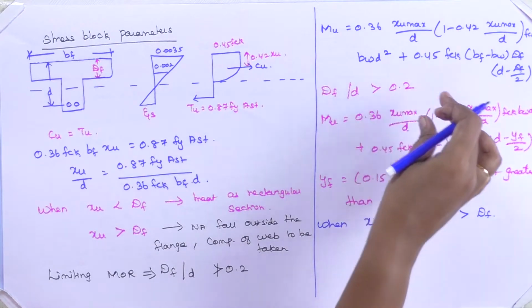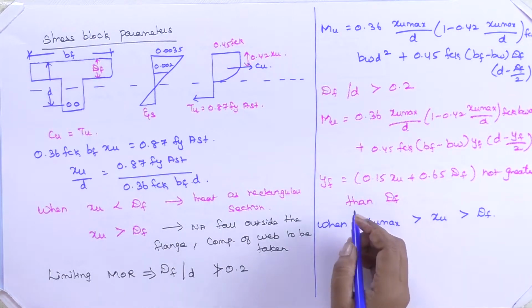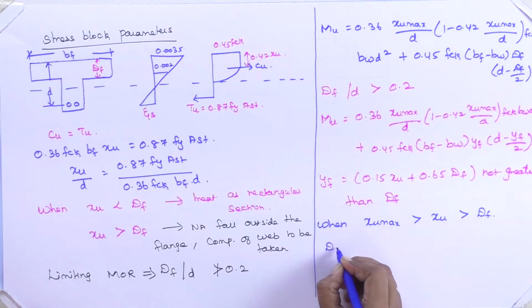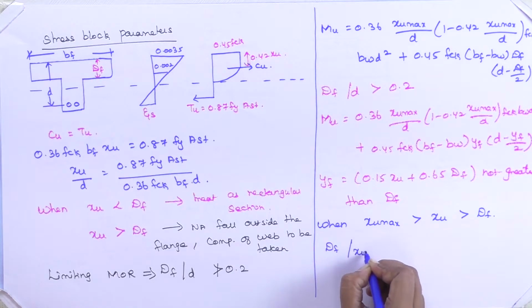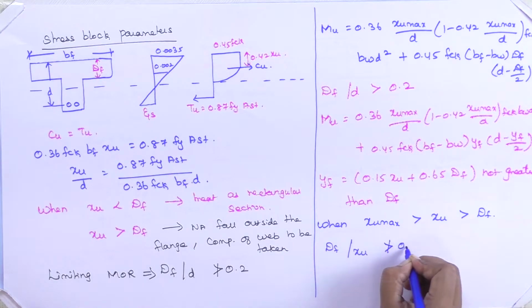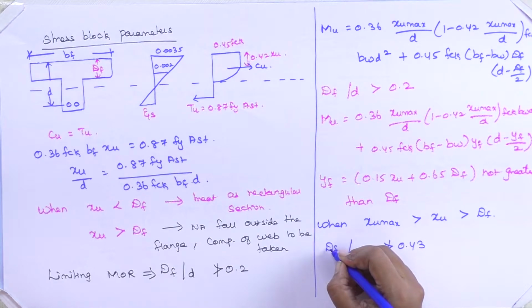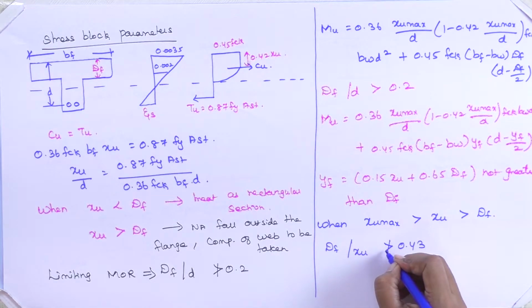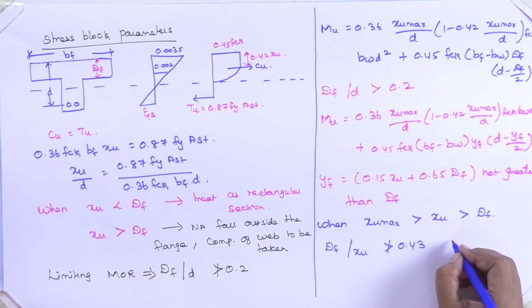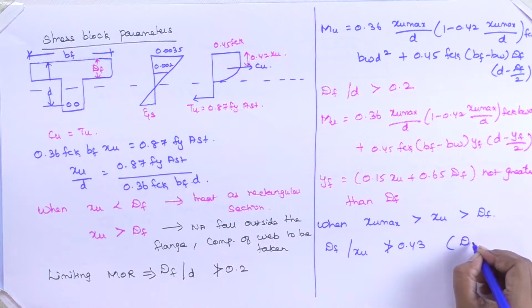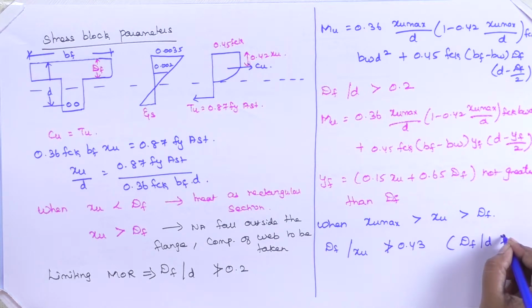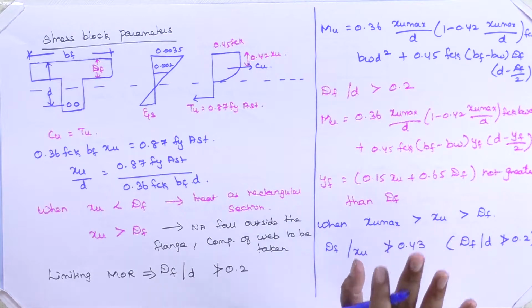When the condition is like that, I will go for this. Then DF divided by XU, which is not greater than 0.43, I can adopt the same condition of DF divided by D not greater than 0.2, that is the first value.